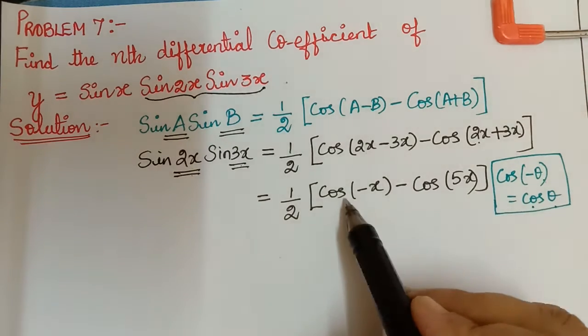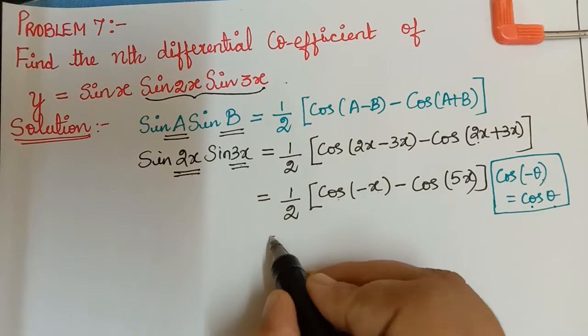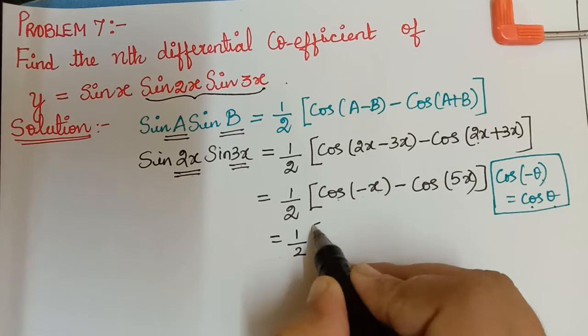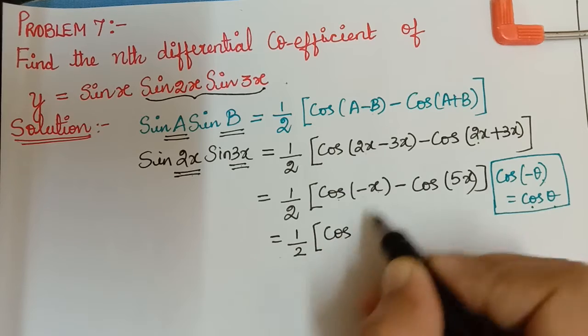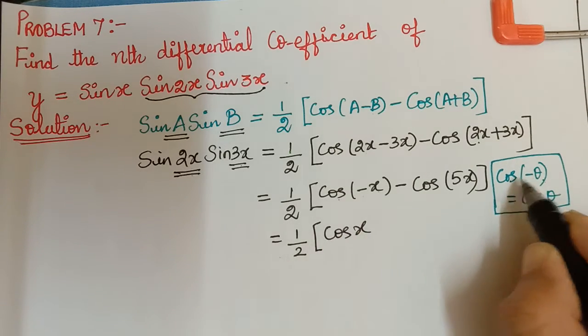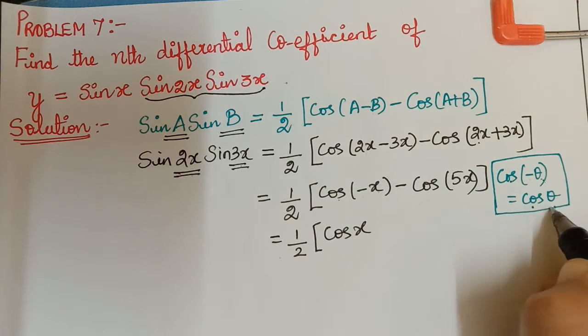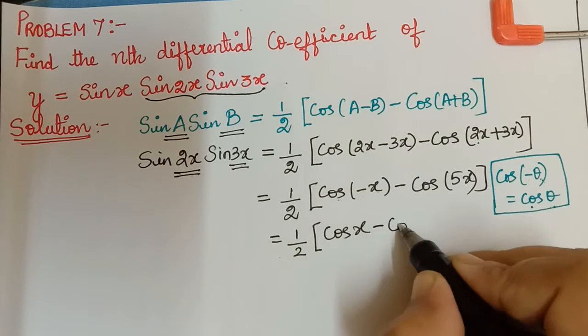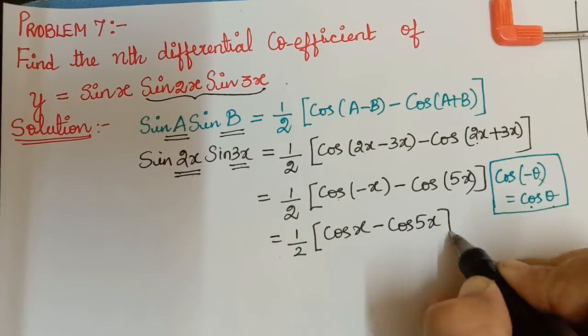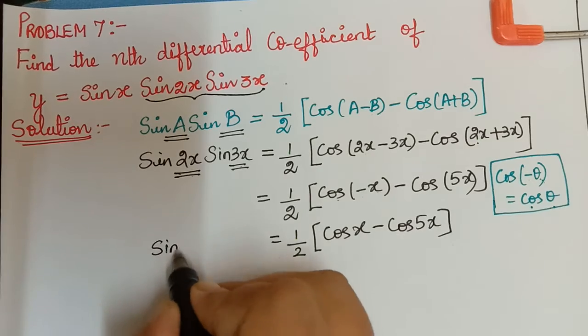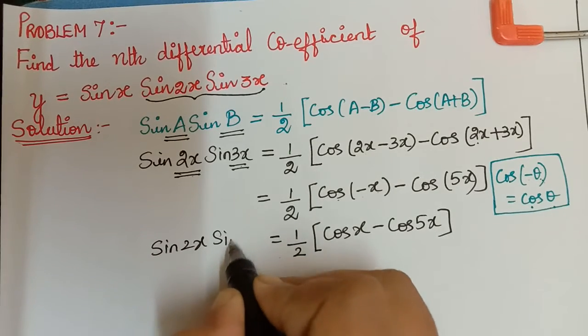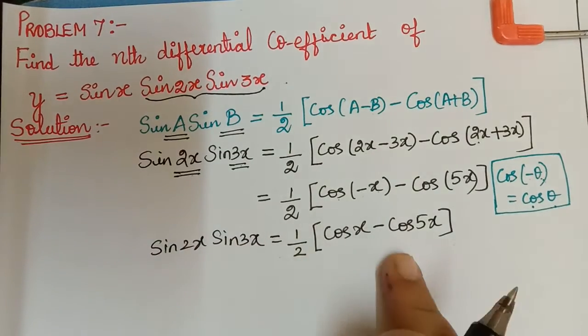So here cos of minus x will be cos x. So we have got sin 2x sin 3x equal to 1 by 2 of cos x minus cos 5x.